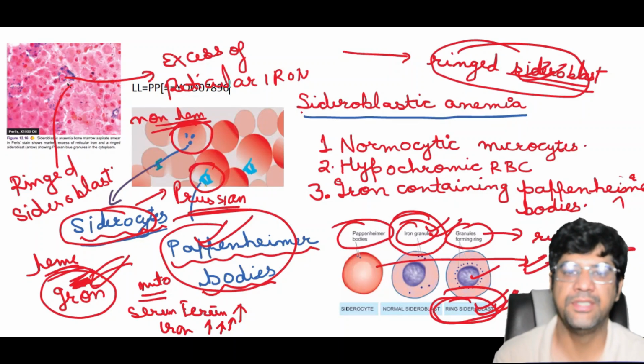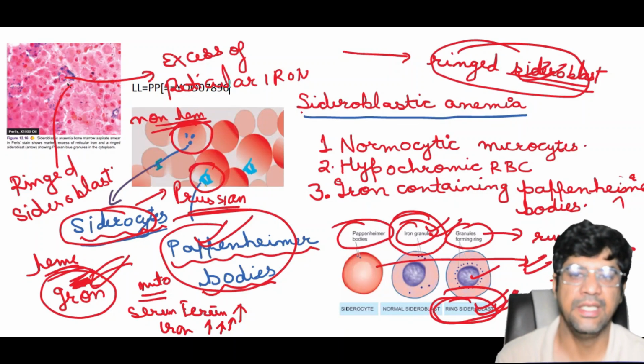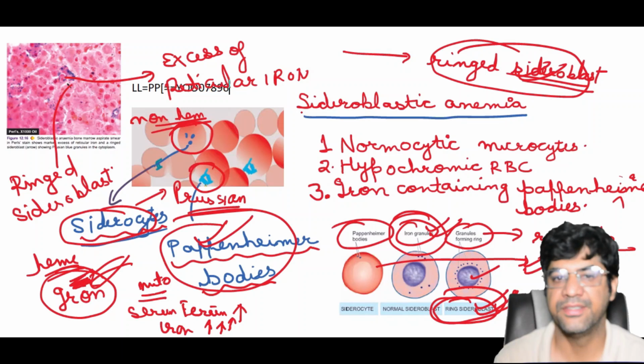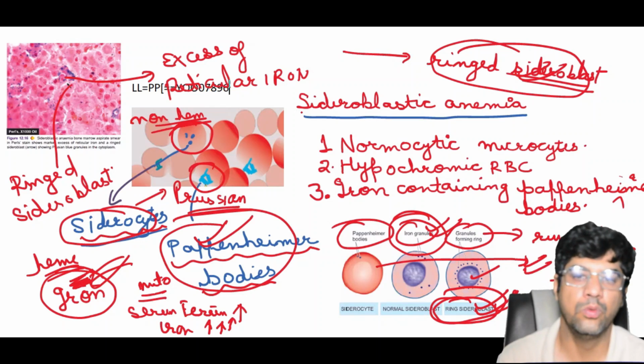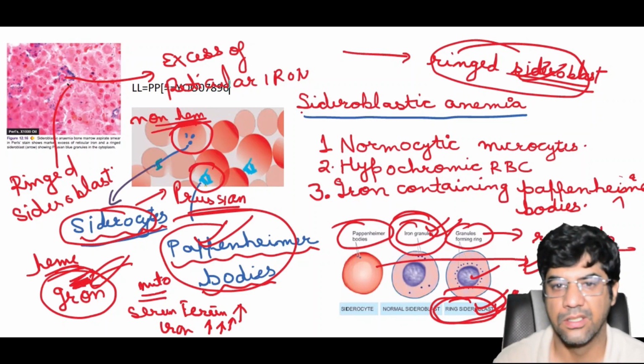Despite the presence of increased iron stores as seen in serum ferritin and serum iron level, iron cannot be effectively utilized in hemoglobin synthesis due to the heme synthesis defect.